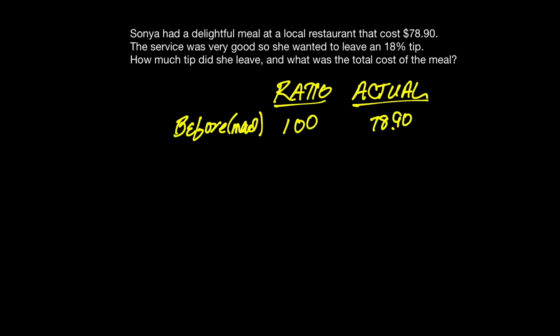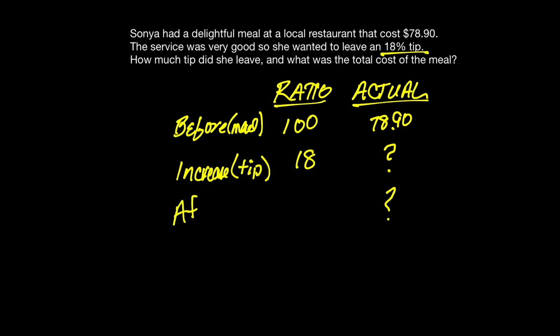Then we're going to have an increase because she's leaving a tip. That's more money, and I'll put tip here in parentheses. The tip that she wanted to leave was 18%. We want to know how much the tip was and how much the total was. So the after is our total, and I'll write total in parentheses.